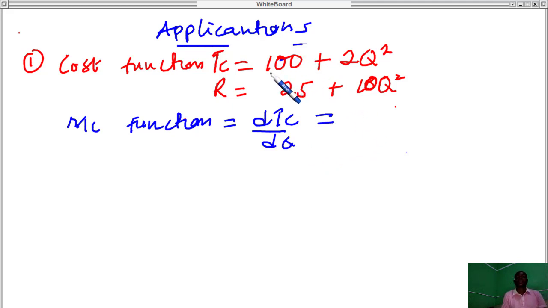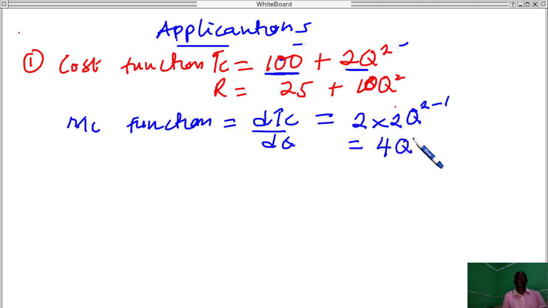I told you that when we have a number without a variable, its derivative is 0, so you don't write anything. You differentiate this one. The power is 2, so 2 times 2Q squared minus 1. This will give us 4Q, because 2 minus 1 gives 1, and any number raised to power 1 is the same as the number.